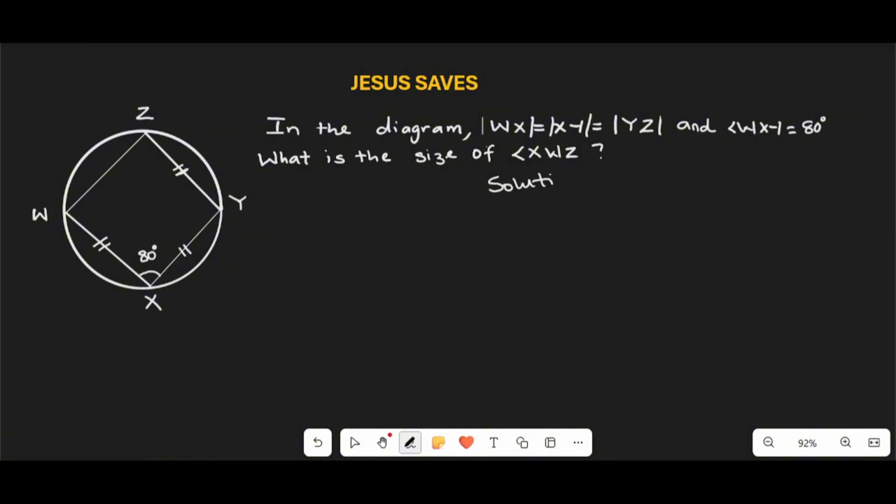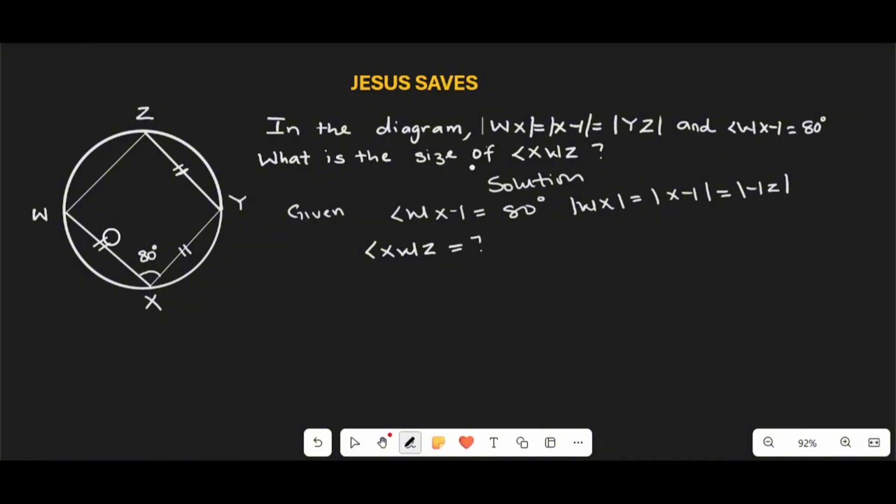Solution: given angle WXY equal to 80 degrees, line WX equal to line XY equal to line YZ, and they asked us to find angle XWZ, which is currently unknown.